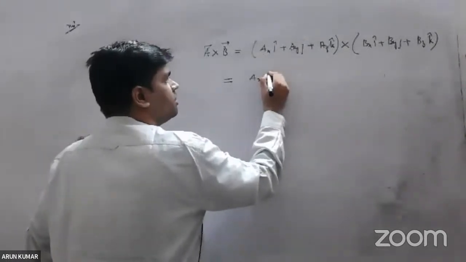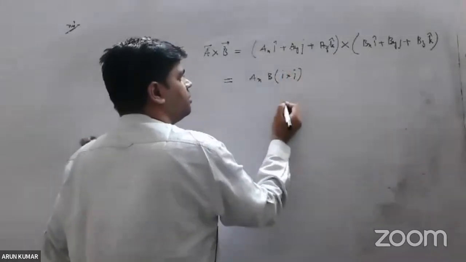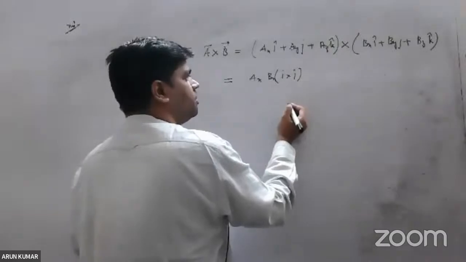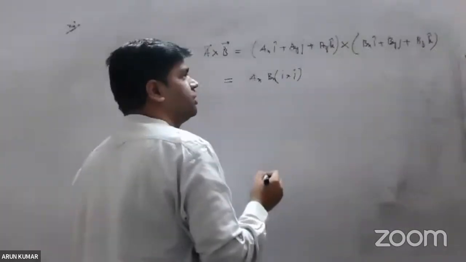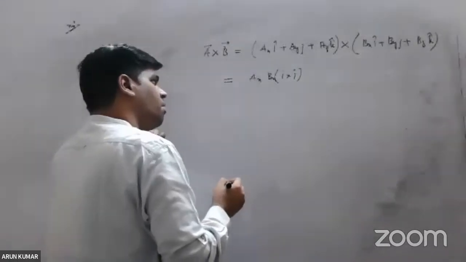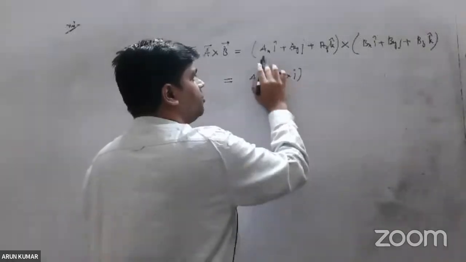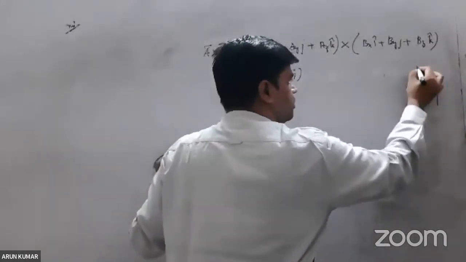Ax I cap, Bx I cap, I cross I, which is 0, right?